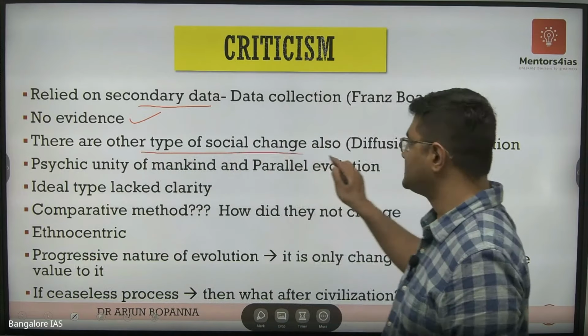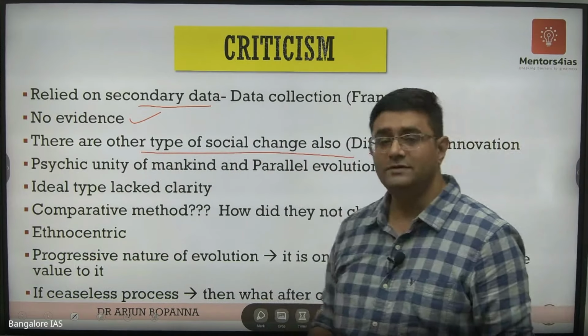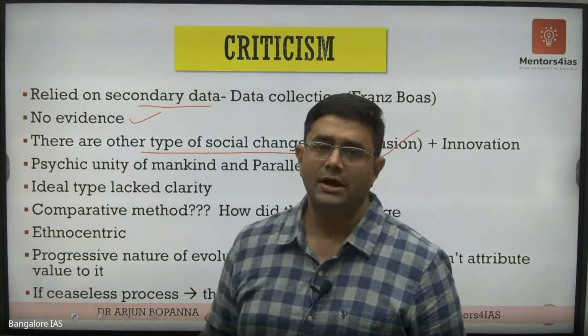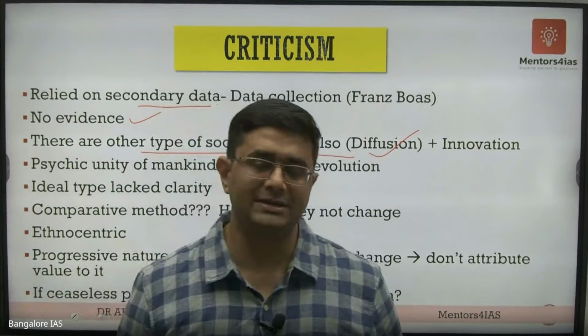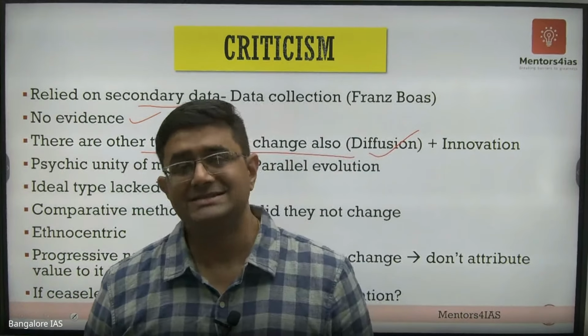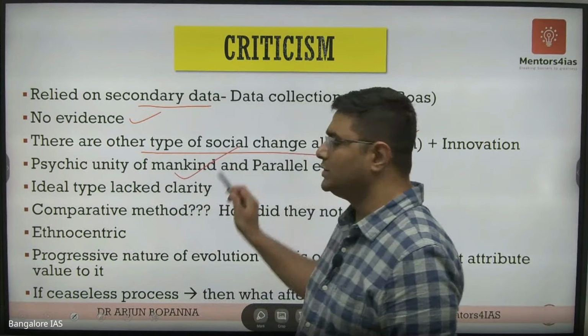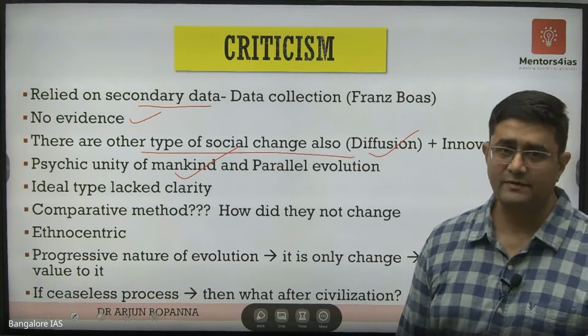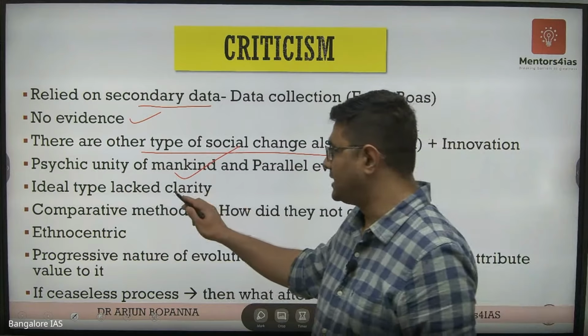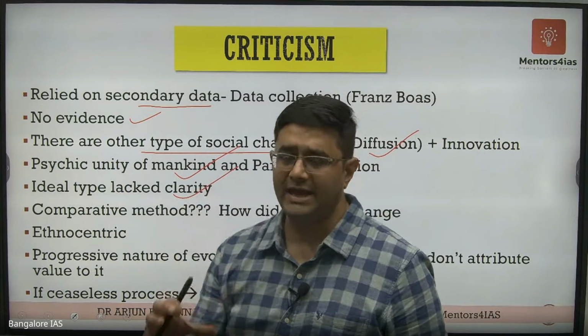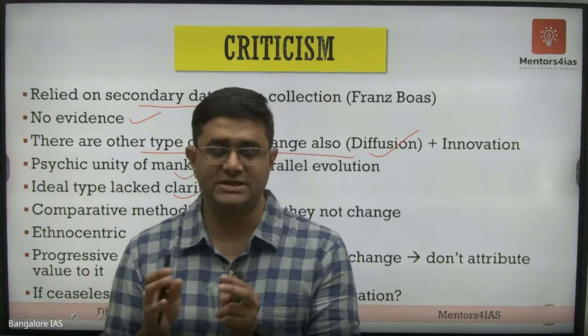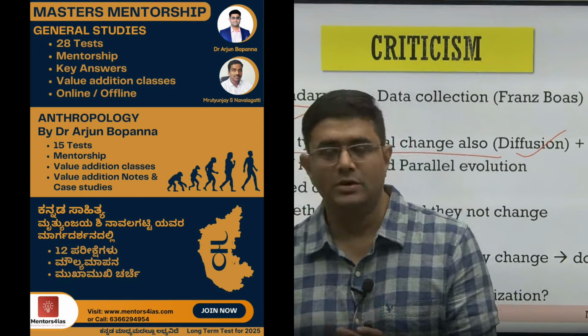Okay, there are other types of social change also, not just evolution that leads to change. Diffusion, later on we read that diffusion also is an important factor in social change. Then psychic unity of mankind, there's no evidence that everywhere man should behave in a similar manner. Ideal type, what is the ideal savagery society, what is the ideal barbarism?